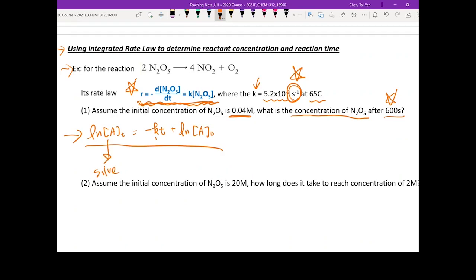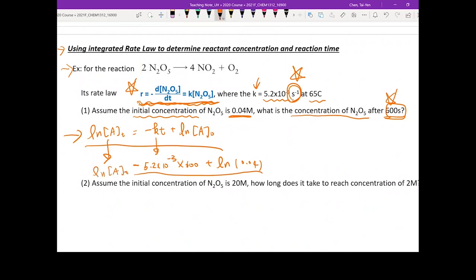Do you have k? 5.2 times 10 to the negative third per second. What's the t? 600 seconds. Plus natural log A naught, the initial concentration, right? So you know this is 0.04. Once you get these numbers, don't forget the thing you have is natural log A_t.